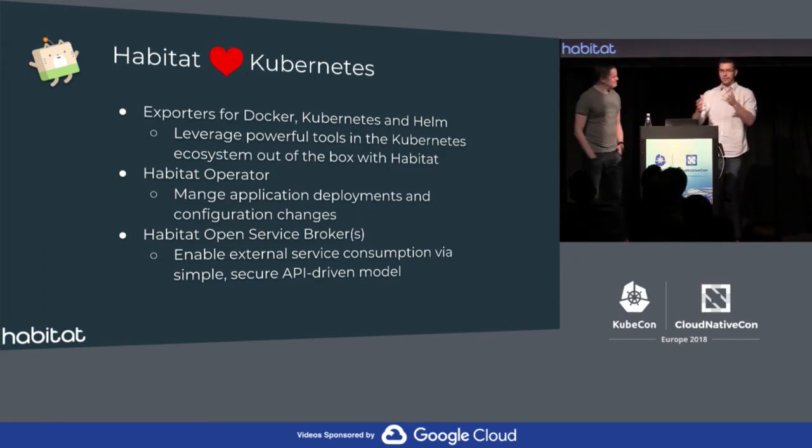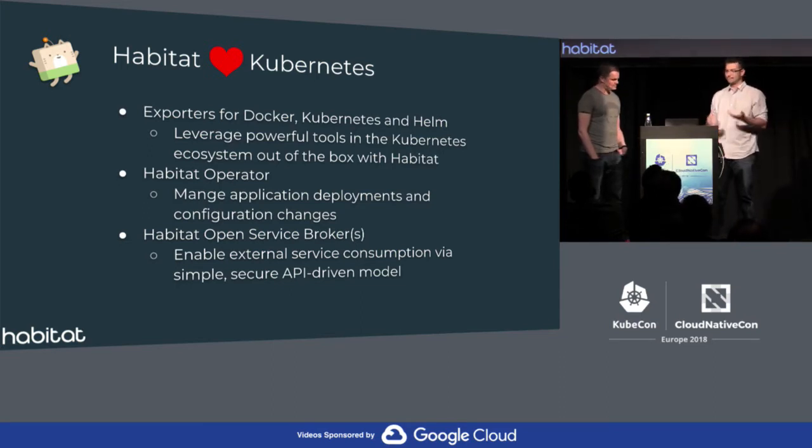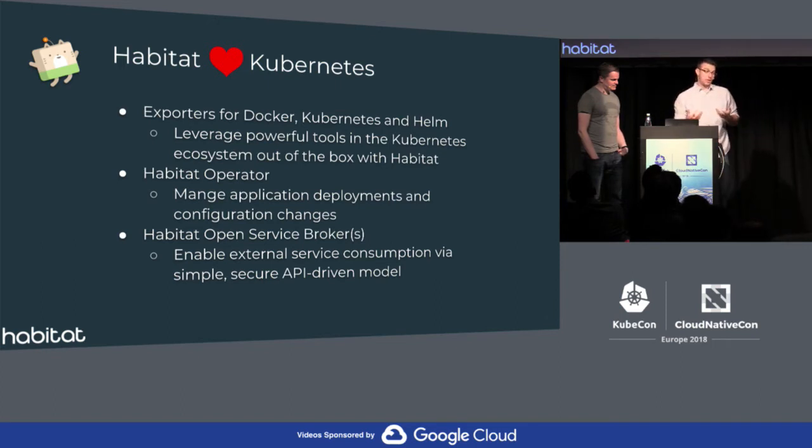So cool. Once you have Habitat wrapping your application, how does it get you to Kubernetes? We have exporters for Habitat. Right now we have exporters for Docker, Kubernetes, which is basically a Docker export with a YAML file, and a Helm chart exporter.